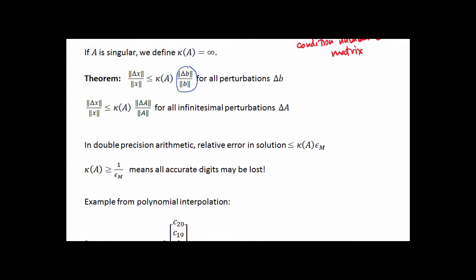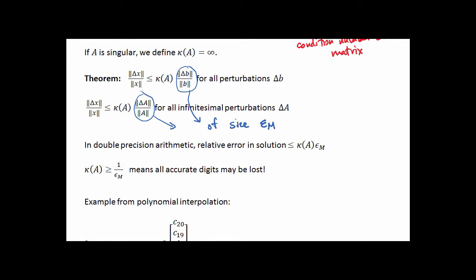But the real story here is if the perturbations in the input, either the delta B over B or the delta A over A, are due to floating point arithmetic and double precision, we can expect them to be of size epsilon sub m, roughly speaking.